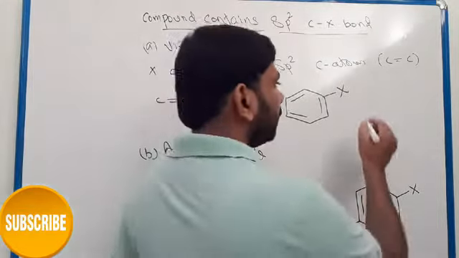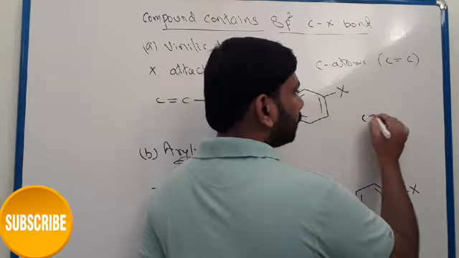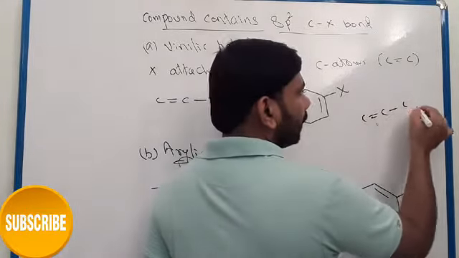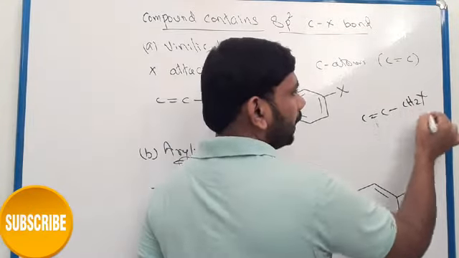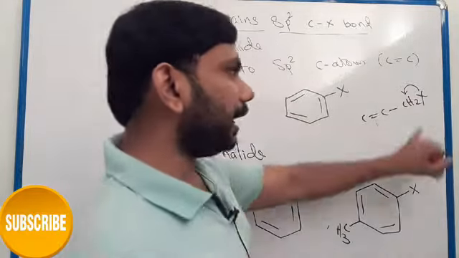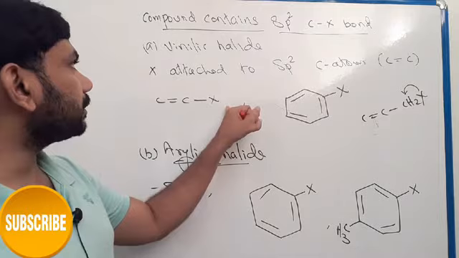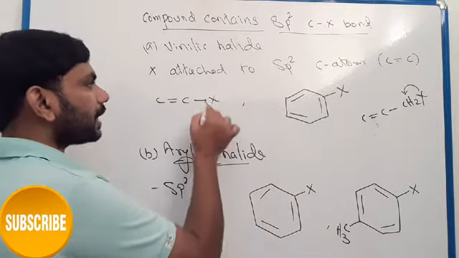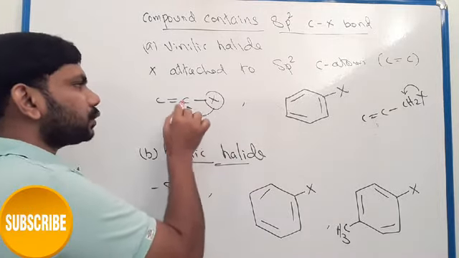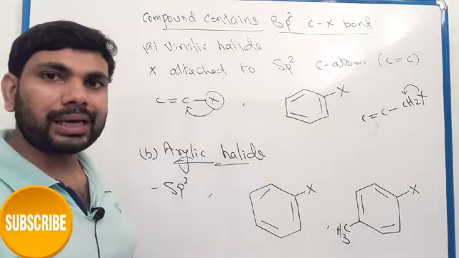Allylic means it was like this: CH, carbon carbon double bond, then CH2, then halogen. Here halogen is directly attached to sp3 hybridized carbon, that is allylic. Okay, this is vinylic. Vinylic means here this halogen is directly attached to the carbon carbon double bond. This is vinylic halide.